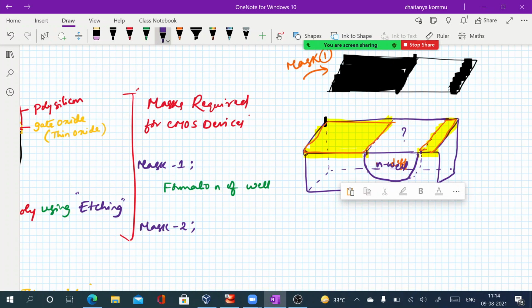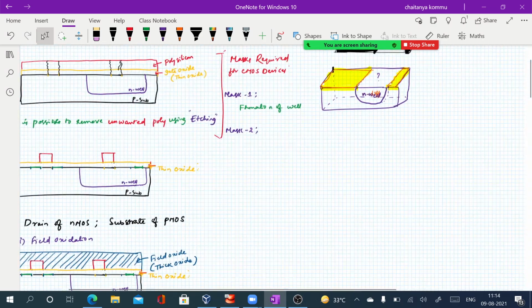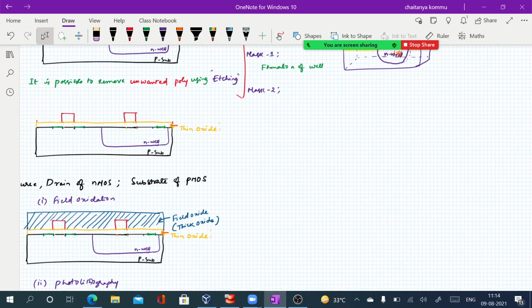Then we have to remove the field oxide and form the gate oxide. Our requirement is something like this: gate oxide is required only at this portion. Therefore the patterns must be etched for these portions only. That means we have to form a gate oxide on top of it and pattern the gate oxide.